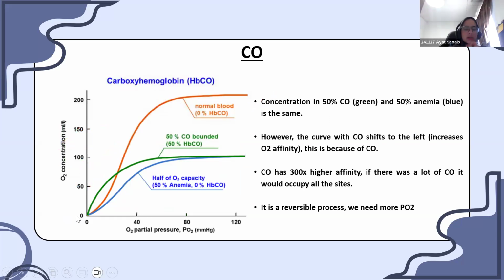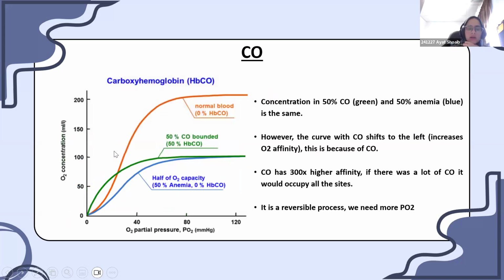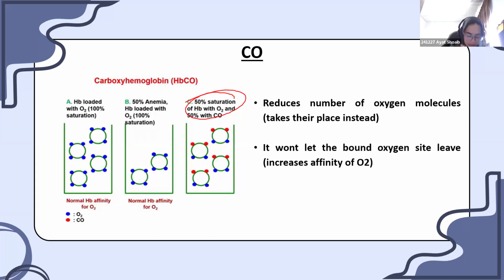Okay. So these curves go with these. First of all, we're going to look at the normal one. You have normal hemoglobin with 100% saturation, which is our normal curve here. You have a normal number of hemoglobin molecules, you have normal saturation. This is our normal blood, right? It says normal blood. And then you have the anemia one.